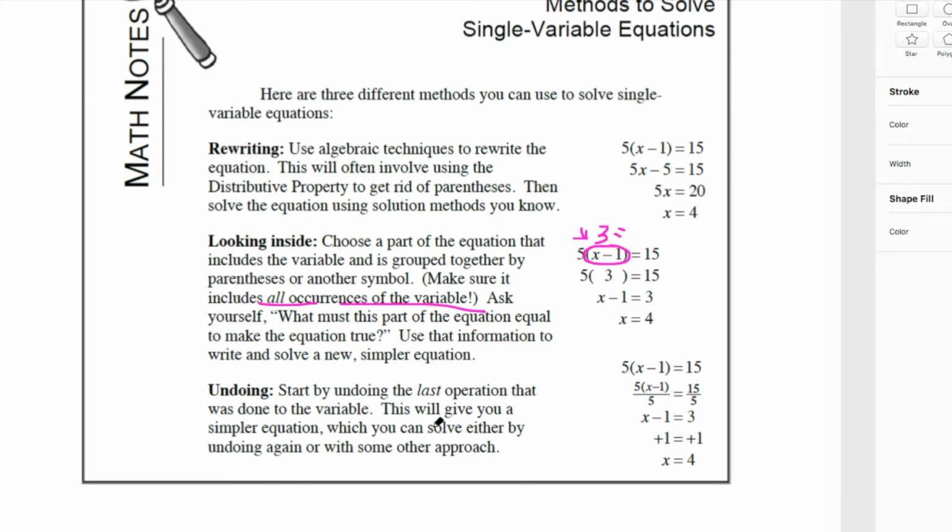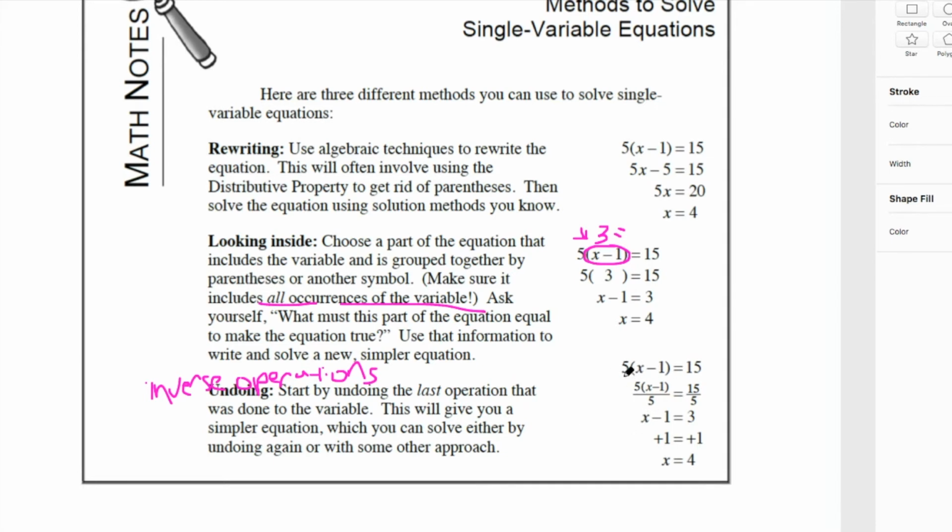And finally, starting by undoing, this is solving by doing inverse operations. That's what another textbook calls this, so I'll write this out here. Inverse operations. Inverse kind of means opposite in math, doing the opposite. Similar things, but completely different, right? Does the opposite thing. So start by doing the last operation that was done to the variable. This will help give you a simpler equation, which you can solve either by undoing again or with some other approach.